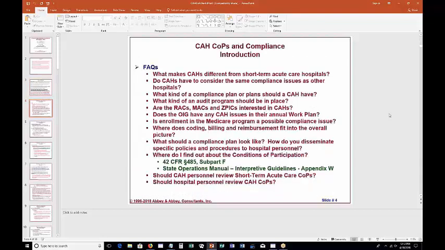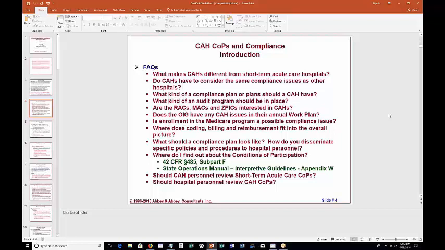Slide number 4, frequently asked questions. What makes critical access hospitals different from short-term acute care hospitals? Well, there are a lot of differences. One difference is that CAHs are cost-based reimbursed. In other words, the cost report becomes very, very important, okay? Now, we also have different conditions of participation.